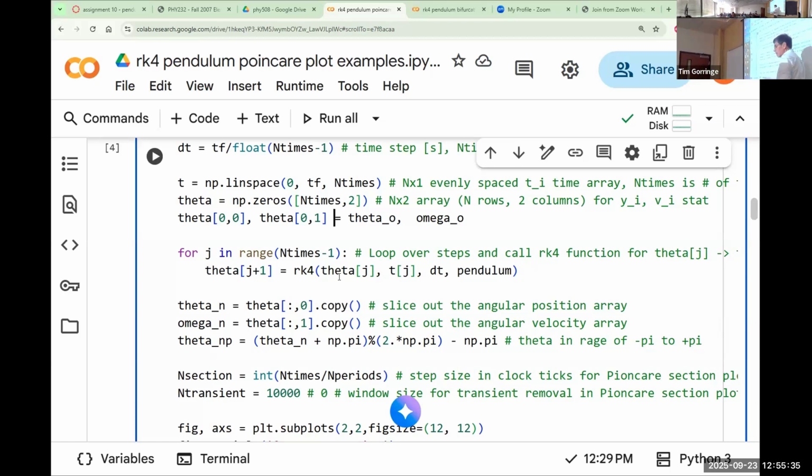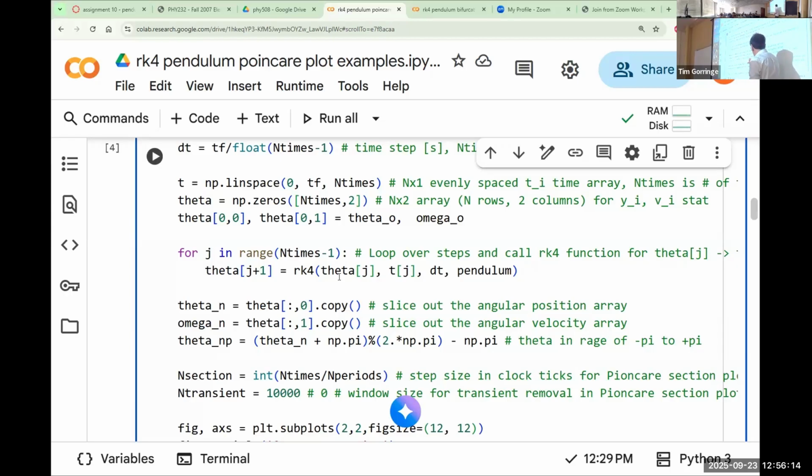This was something that we met in the last class, where I said, if you loop the loop and you keep adding positive 2 pi's or negative 2 pi's, depending on whether you're turning clockwise or counterclockwise, I'll just also keep a variable that is that angle modulo 2 pi, i.e. where the pendulum is around the clock face, with 0 being the equilibrium and minus pi and plus pi being the two extrema of the pendulum's motion.